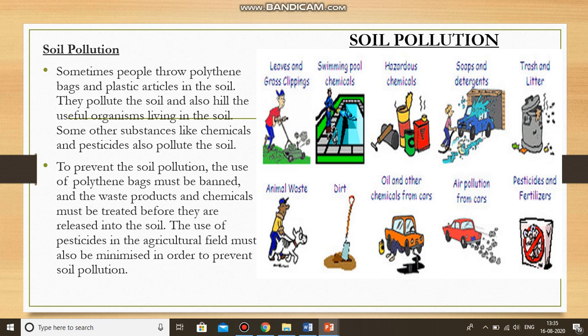Excess use of fertilizers and pesticides pollutes the soil and decreases its fertility. Therefore, before dumping any waste into the soil, it must be treated properly. Pesticides and fertilizers should be used in minimum quantity. Materials like plastic should be banned as they pollute the soil and affect the soil's living organisms.